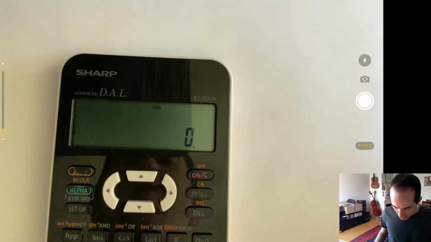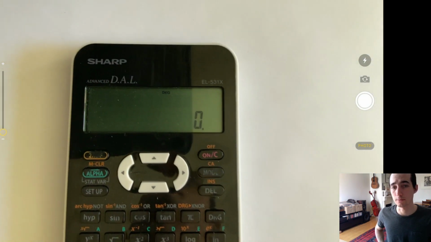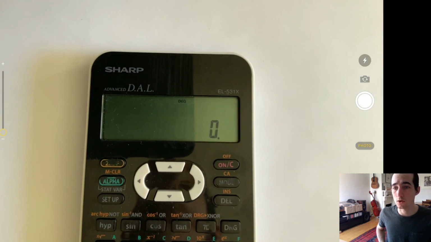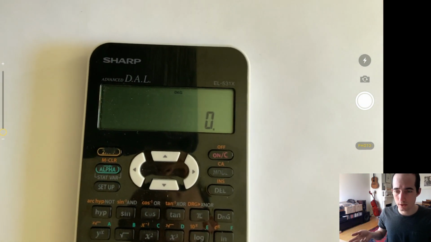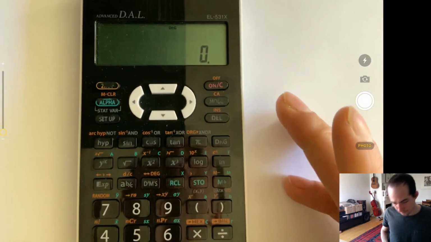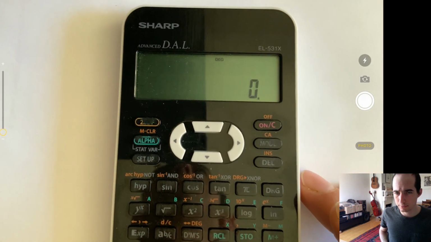If you can't find that button, and maybe your calculator was turned on in your backpack and a whole bunch of buttons were pressed and the mode is all weird, sometimes it'll give you some kind of weird floating point precision error.